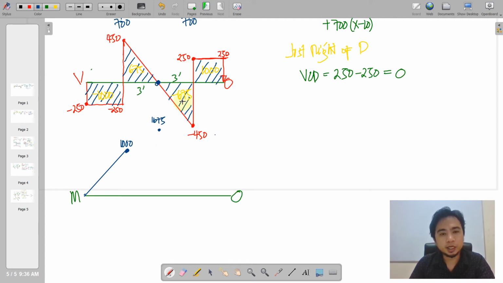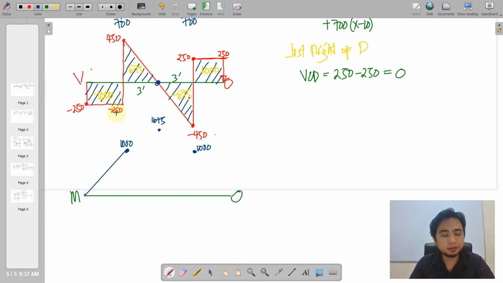And we again less this 675 here, it will go back to 1000 here, and then eventually it will go back to 0 by having this.